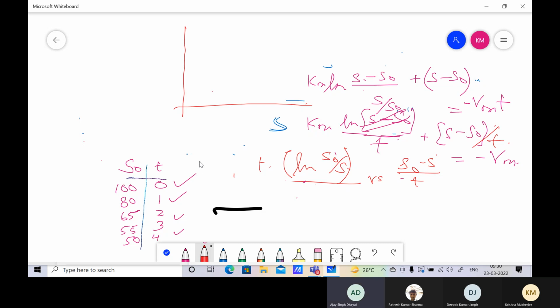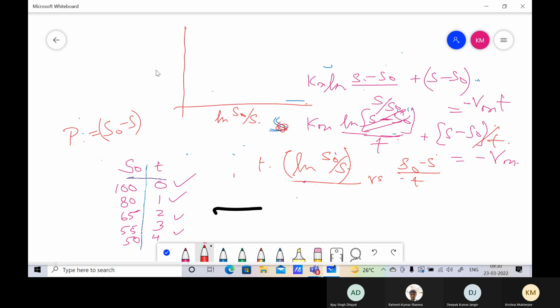Either in terms of P, remember P is nothing but S naught minus S. Sir, x axis is ln S naught by S. Okay.